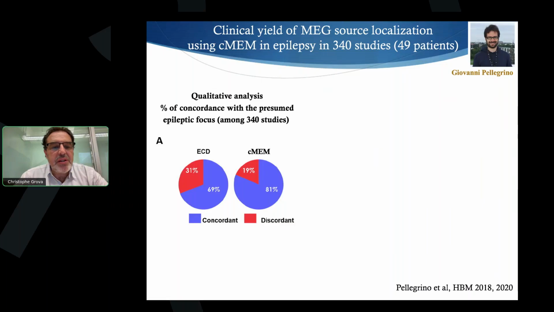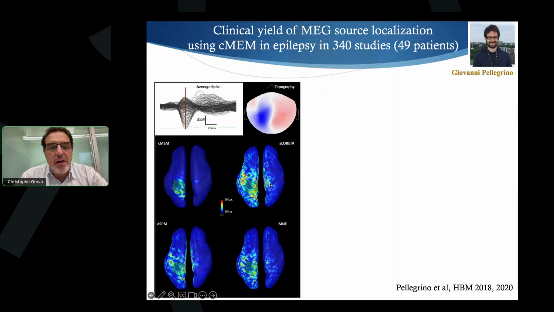And then we did the same study on similar patients, but this time on distributed source imaging. Here you have a patient who actually has a focal cortical dysplasia, and you have the MEG spike localization using MEM, S-Loretta, MNE, and DSPM. These are non-thresholded maps on purpose, just to show you how sensitive we are to that spatial extent. And if we threshold a little bit, we're going to get that extent.